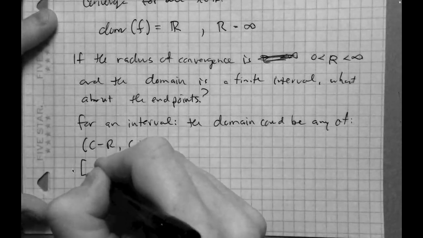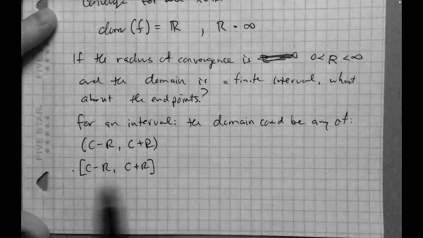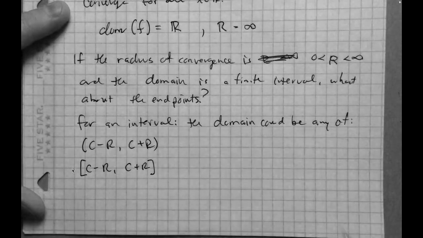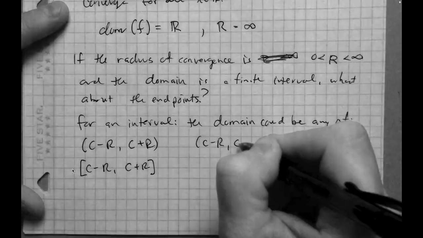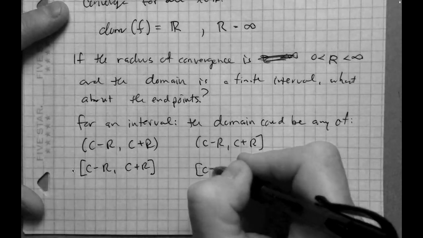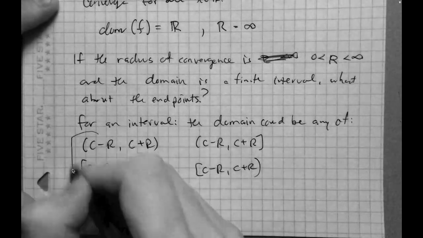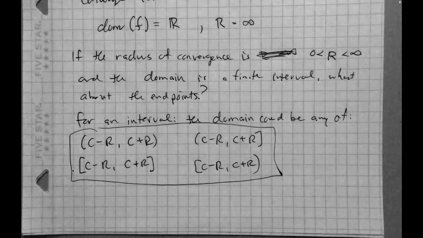It could also be a closed interval, c minus r up to c plus r, meaning the endpoints also produce convergence. It could also be half open, so maybe the lower endpoint is outside the domain, but the upper endpoint is inside the domain, or maybe the reverse. All right, so all 4 of these are possible in the case of an interval.